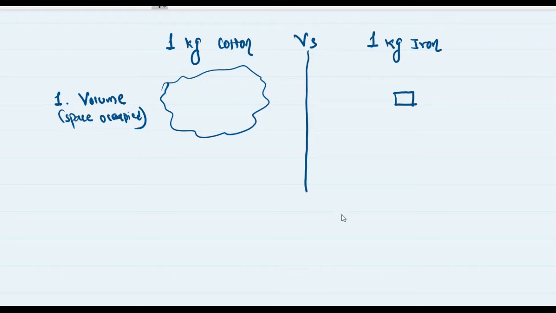Which substance occupies how much space? That is its volume. So here it's very clear that 1 kg of iron occupies less space, and 1 kg of cotton occupies more space. So 1 kg of iron has less volume, 1 kg of cotton has more volume.